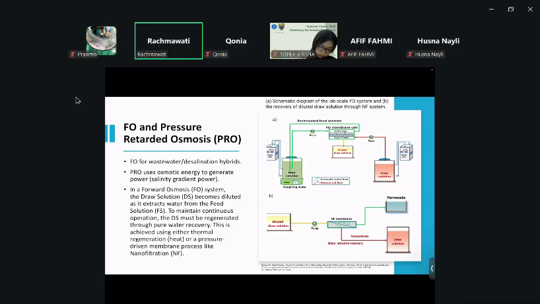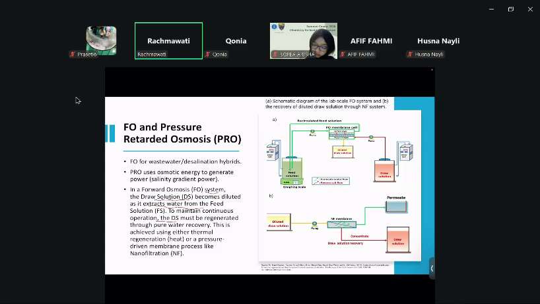In a forward osmosis system, the draw solution becomes diluted as it extracts water from the feed solution. To maintain continuous operation, the draw solution should be regenerated through pure water recovery. It could be achieved using either thermal regeneration, using heat, or using a pressure-driven membrane such as nanofiltration.